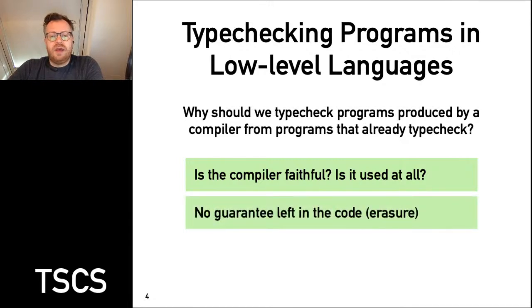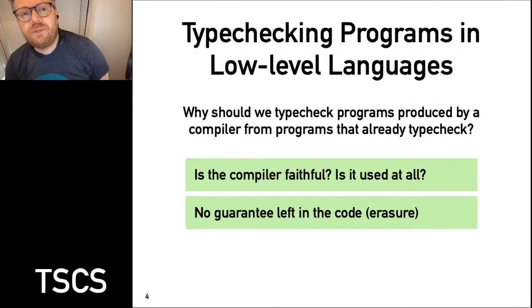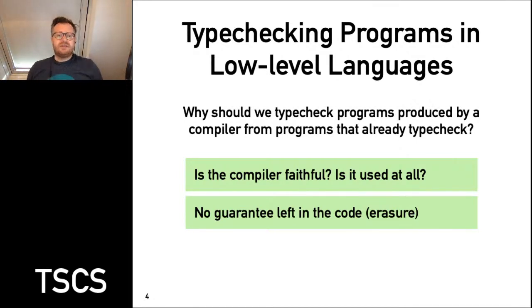Yeah, and also there is no guarantee for type safety, or no hints for type safety in the compiled program, in the compiled code left, because of erasure. We talked about erasure, and that programs behave the same, but that says that we type checked them before. However, we don't know that this actually happened, and we don't have any evidence left in the code that this actually happened.